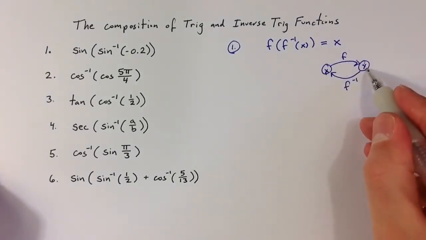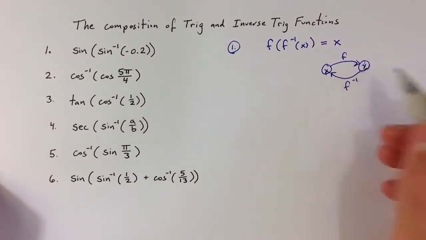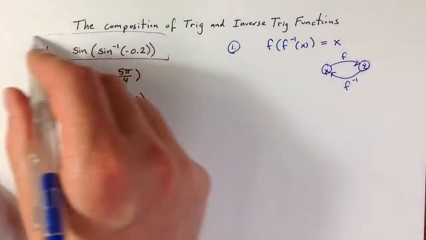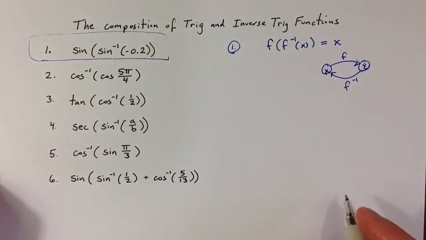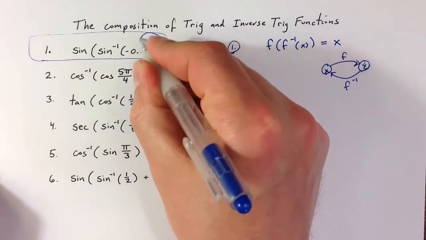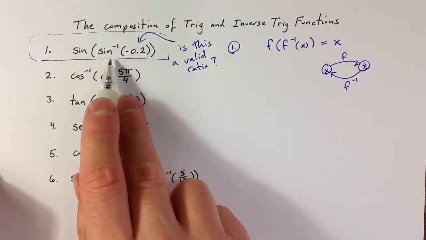So if I take this input into the inverse, I go here and then apply the function, and we get back to where we started. There's one aspect for inverse trig functions that becomes a little bit complicated here, so we need to think about, is this a valid ratio? I know that it represents a ratio because it's getting plugged into the inverse sine function.